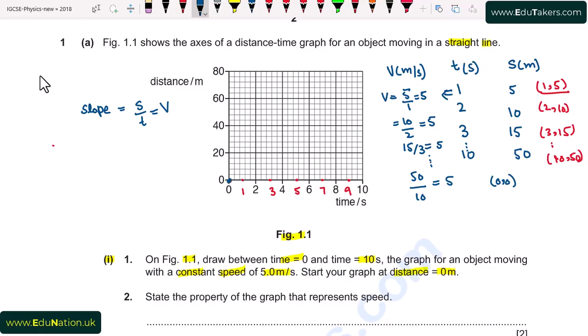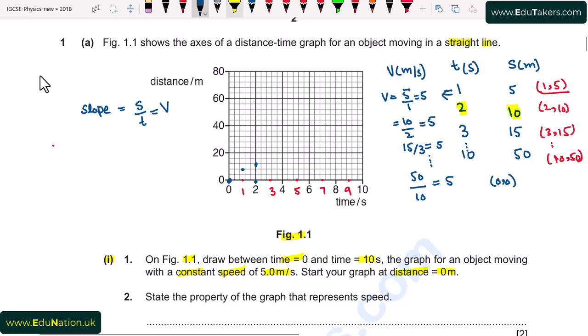Second, when time t is equal to 2 seconds, the distance is 10. So here it is 2 seconds, and the distance will be 10 at this point. The first point is when time t is equal to 1 second and the distance is 5, so it will be at this point.